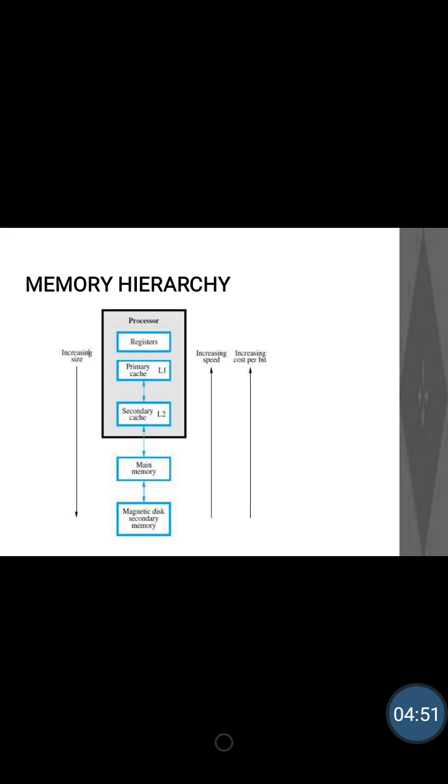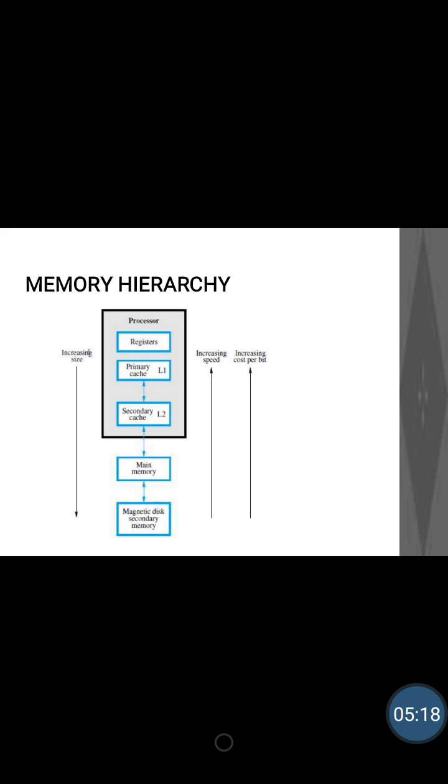So the content in the processor, that is in the registers or in the cache memories, can be taken very quickly, within zero amount of time, and some small amount of time is necessary if the data is stored in main memory. Even more time is necessary for the data stored in the secondary memory. That's why the speed goes on increasing from bottom towards top.